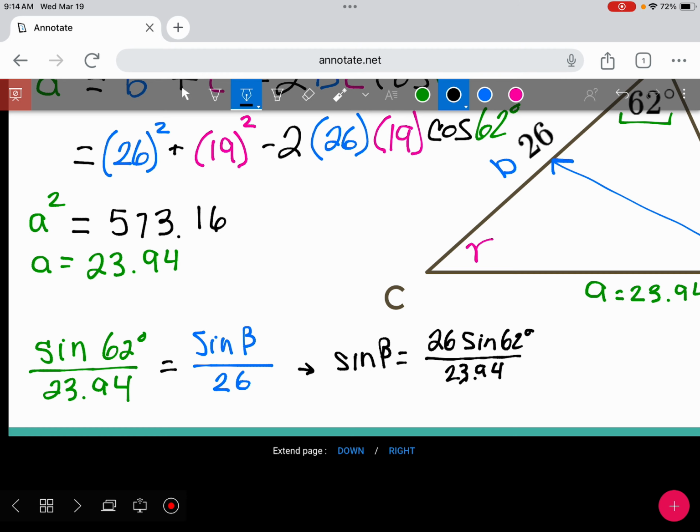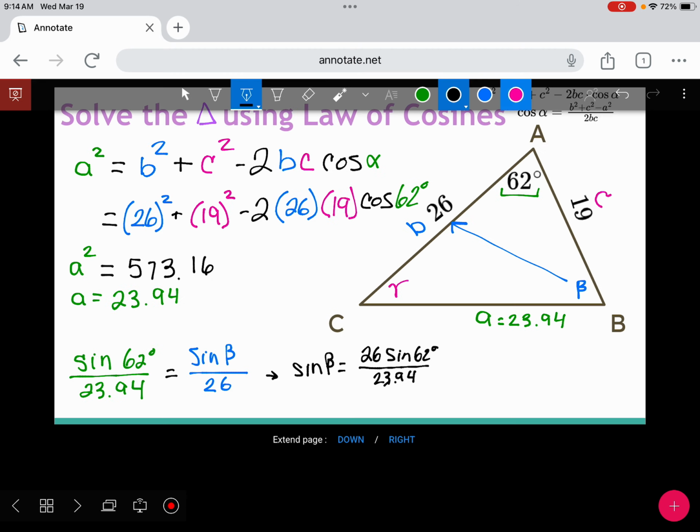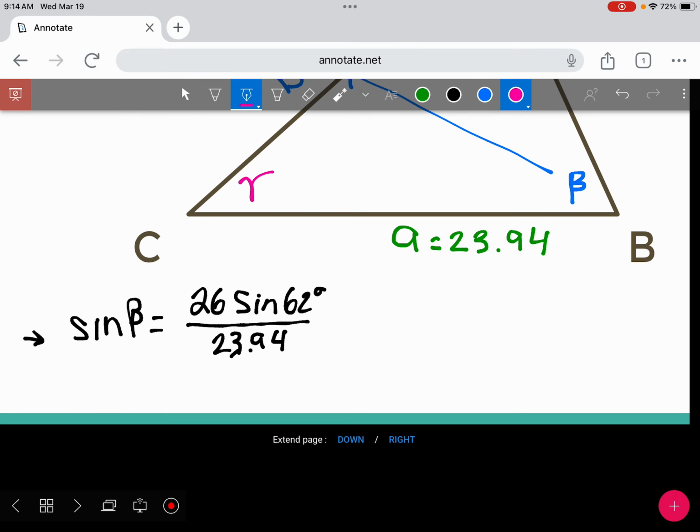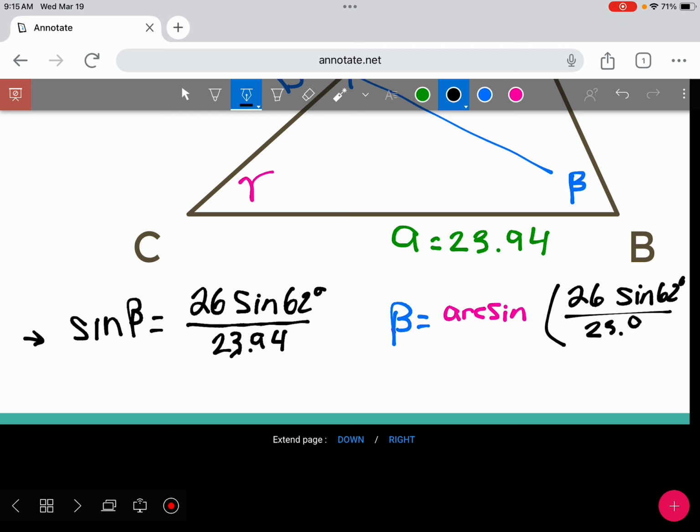Is that the answer we want though? We've got to do the inverse. We're going to do the arc sine of that hot mess. My beta is the inverse sine of that hot mess of a fraction: 26 sine of 62 over 23.94.